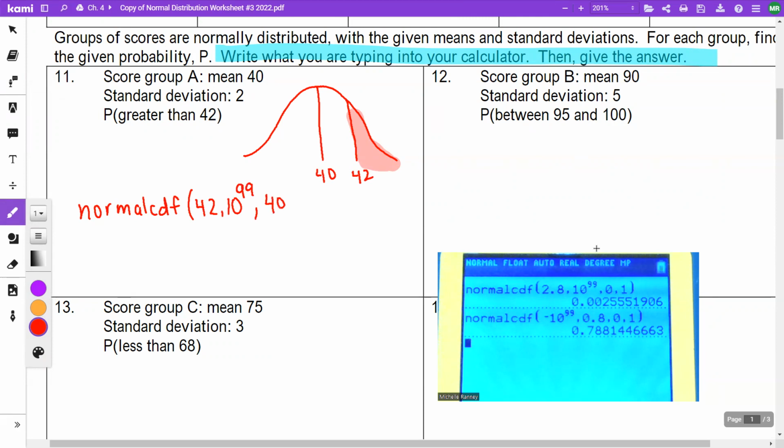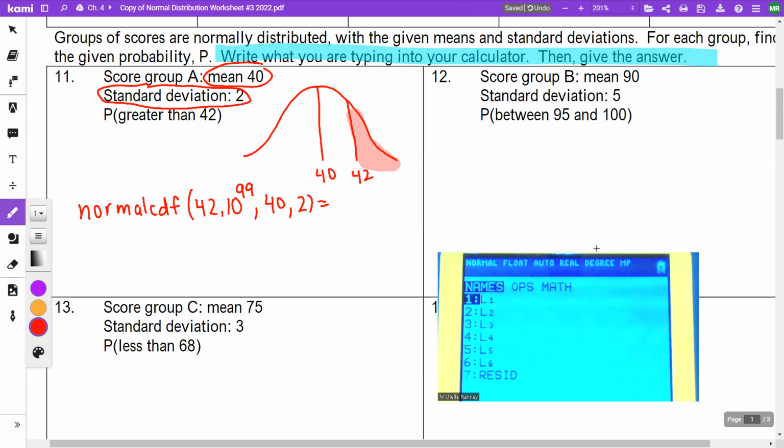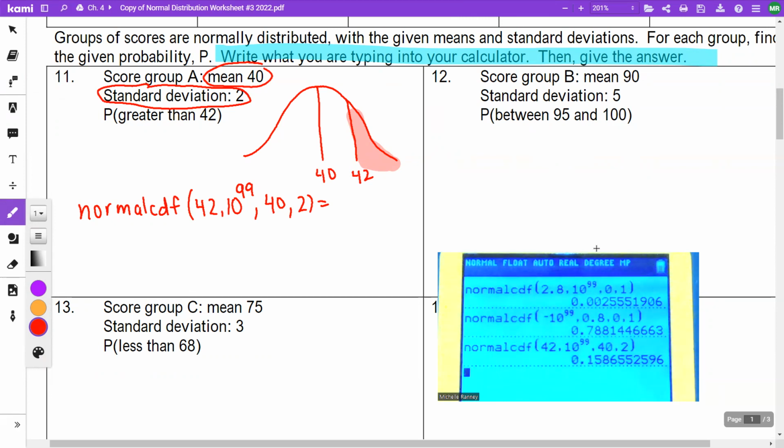My mean is 40. My standard deviation's 2. I'm going to put that into my calculator. 42, 10 to the 99, 40, and 2. And I end up with 0.1587.